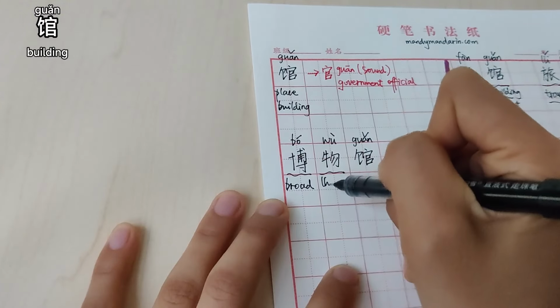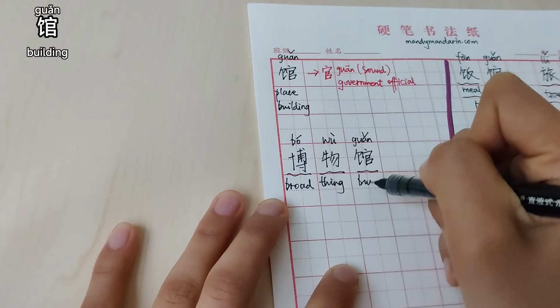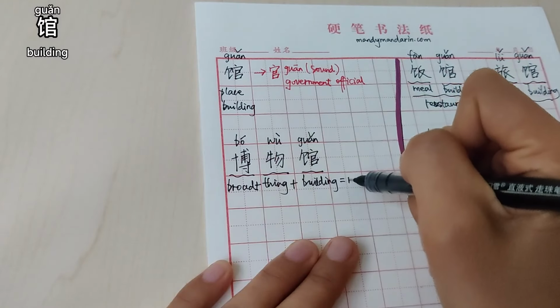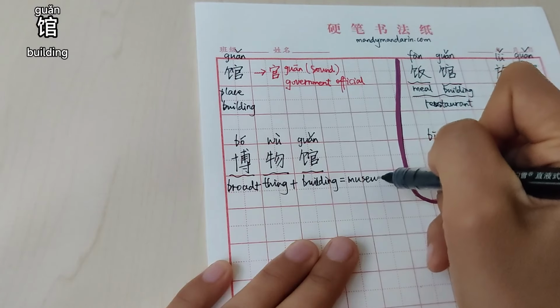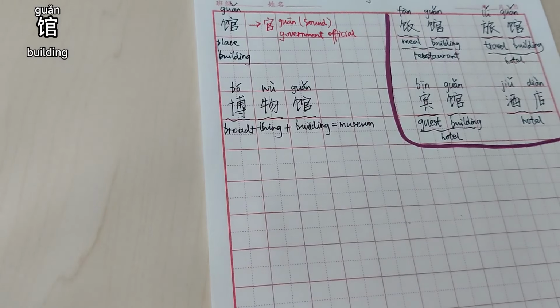Wu is the things. Guan is the building. And that would make museum. Very good.